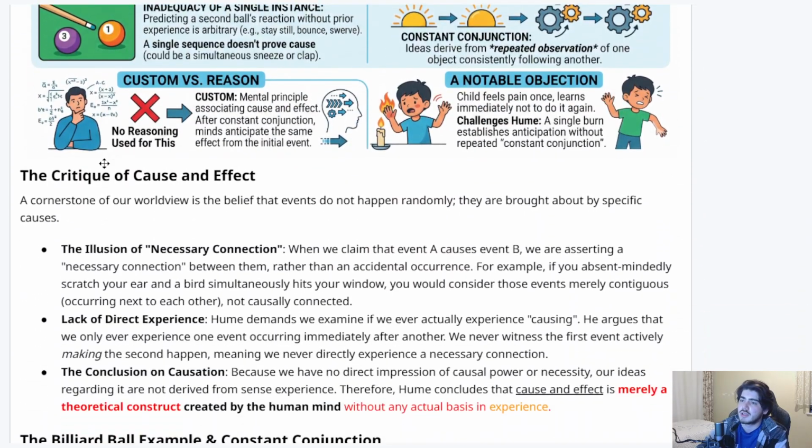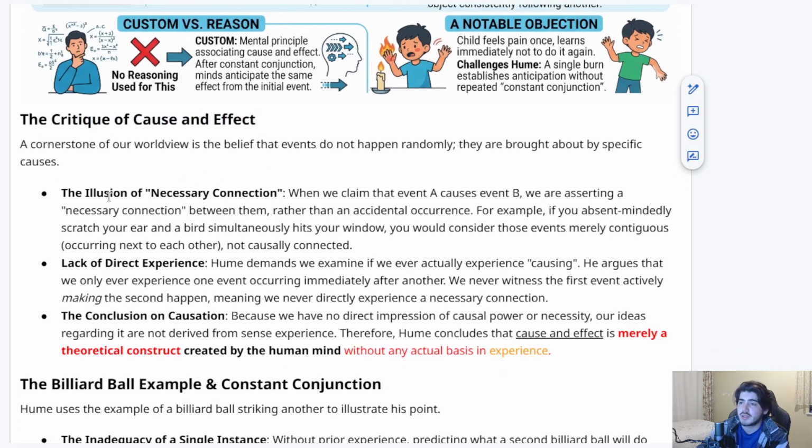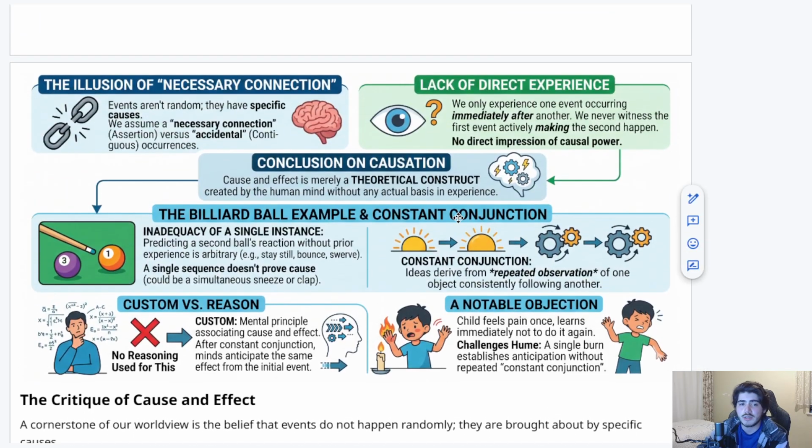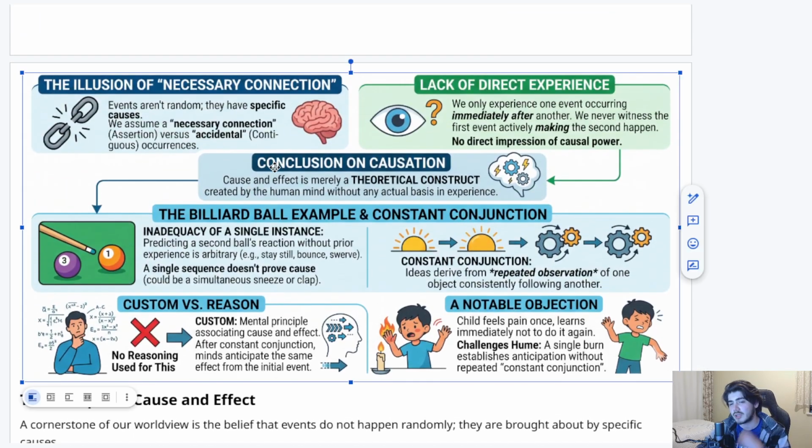So, when we look at the critique of cause and effect, we see that there's an illusion of necessary connection. When we claim that event A causes event B, we are asserting a necessary connection between them, rather than an accidental occurrence. For example, let's say you were just chilling one day, scratching your chin, and you hit a jackpot.